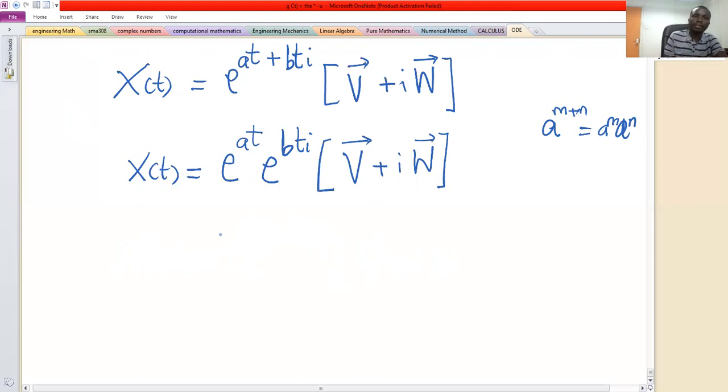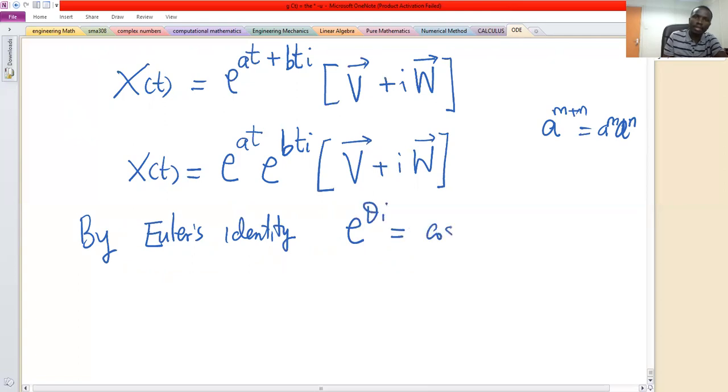Now, we know that by Euler's identity, e raised to the power theta i is given by cosine of theta plus i sine of theta. So this is Euler's identity.